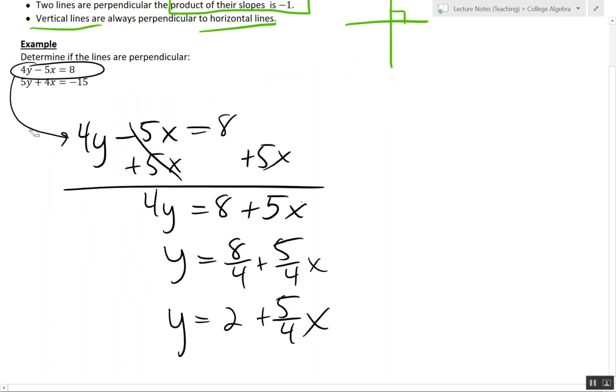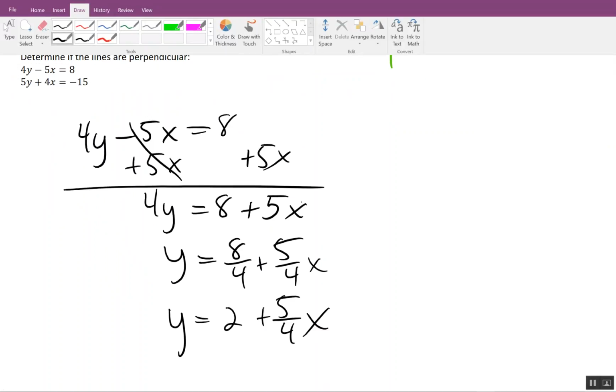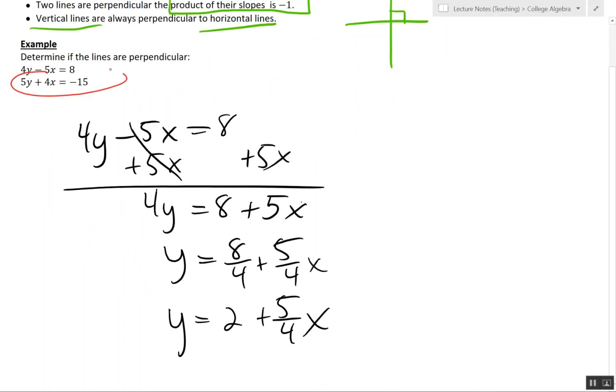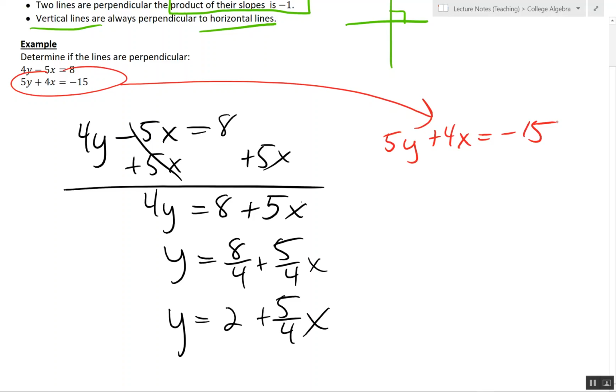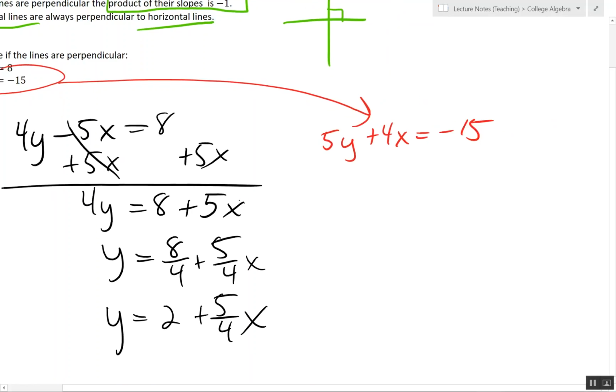Now, we're going to compare this side by side, so now we're going to take this equation and solve it for y. So we have 5y plus 4x equals -15. So we're going to move the 4x to the other side, so let's subtract it.